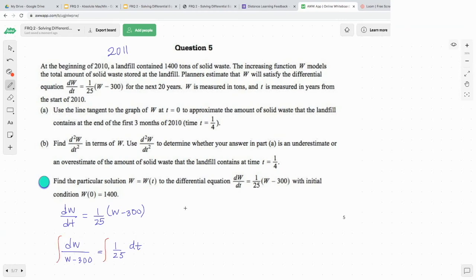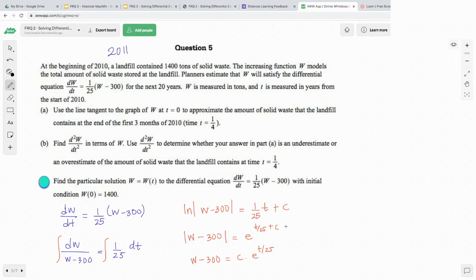As you guys can see here, it's going to be ln absolute value of w minus 300 equals 1 over 25 t plus c, right? And then we just write it down in exponential form. It's going to be e to the t over 25 plus c. So as you know, this is the same as c times e to the t over 25.